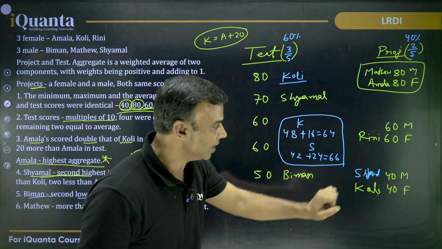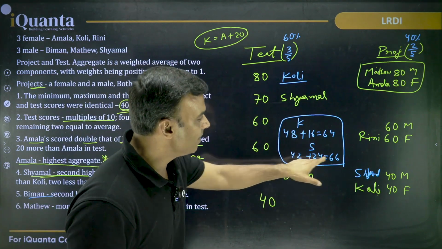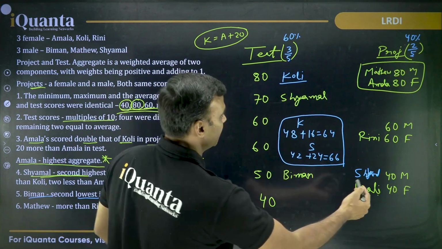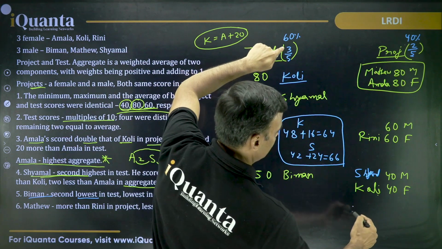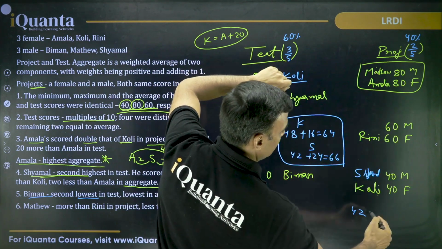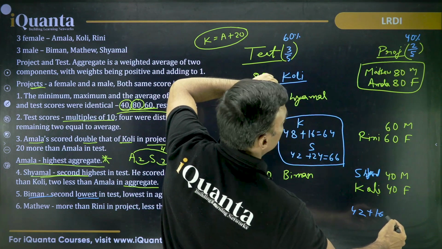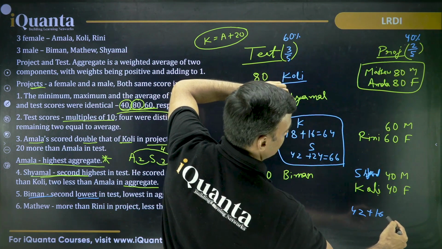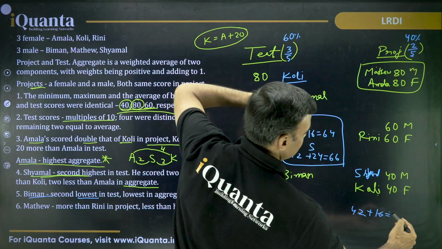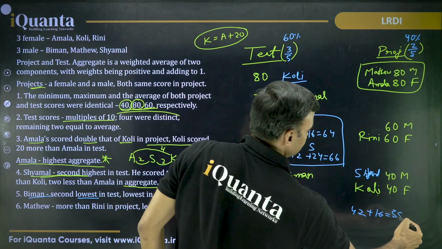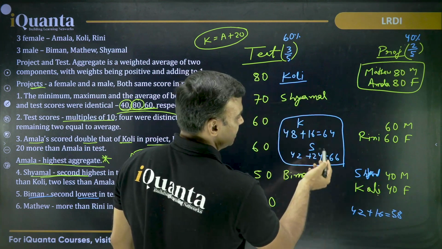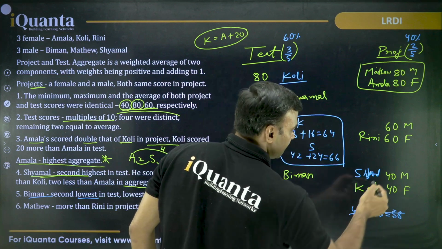If I put Shamal here, then this value will not remain 66. It will reduce. 70, 60%, that is still 42, and 40% will become 16. So this is equal to 42 plus 16, which is 58. And the other is 66. The difference is not 2. So this is definitely wrong.